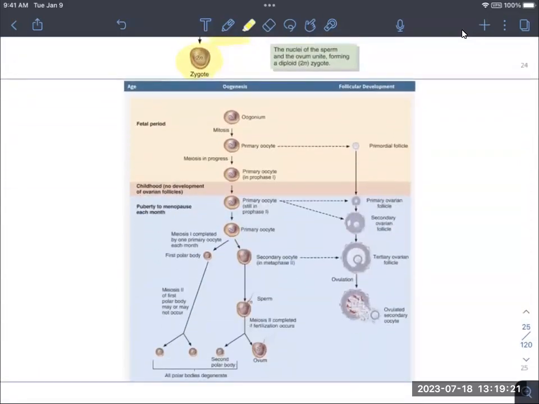So this just kind of shows the different stages of where this follicle sits with all of these other cells around it, this oocyte, where these other cells are at, and what happens at ovulation.